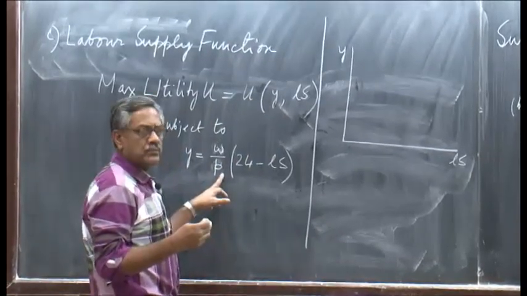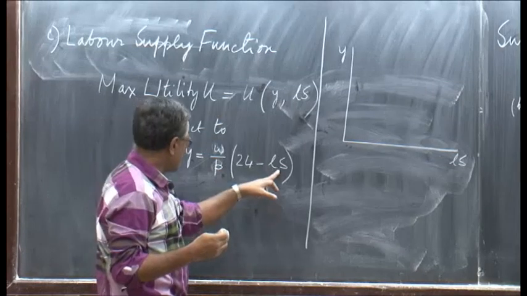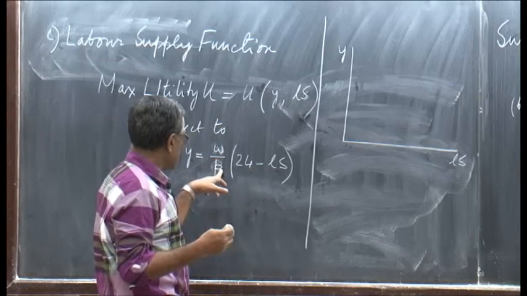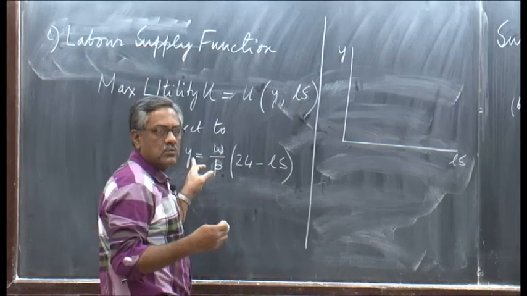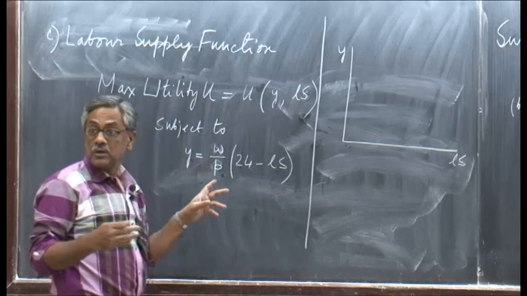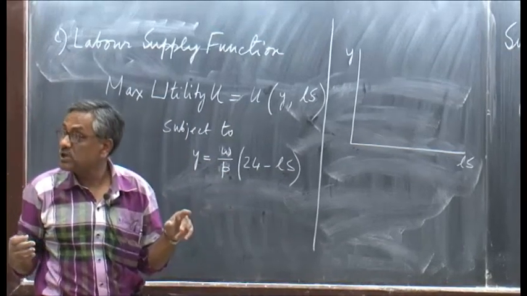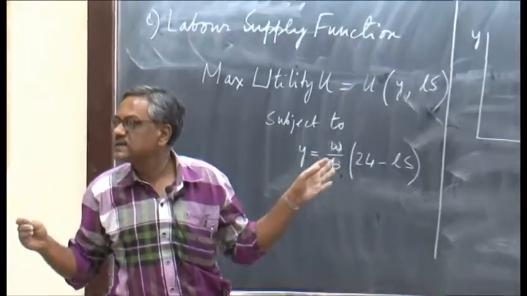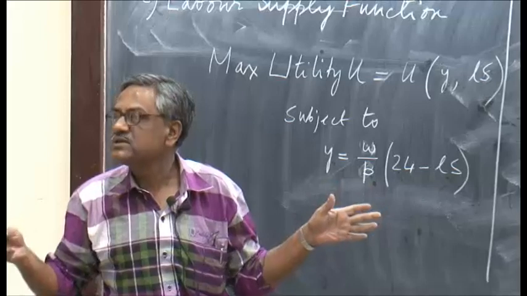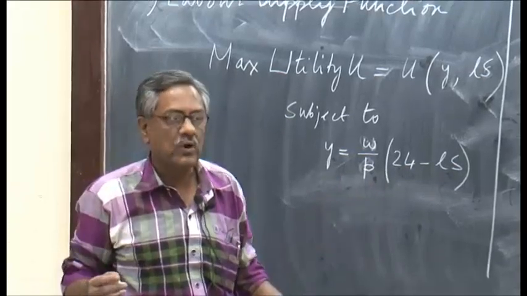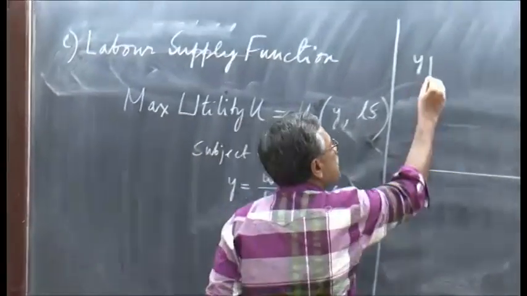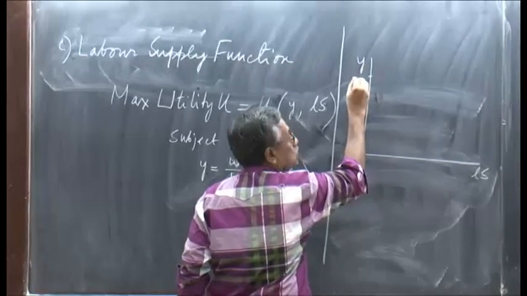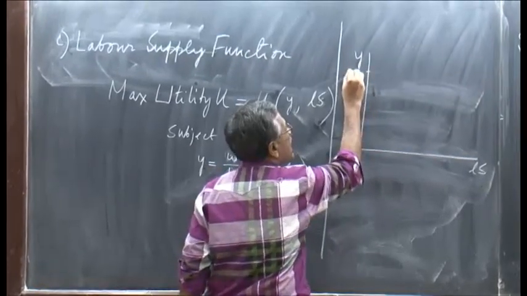When leisure is 0, it is 24 times W over P, which is Y max, the maximum Y. You're not sleeping, not having a bath, not eating, you're working 24 hours, which is not possible. Hypothetically, it is a possibility. In reality, it is not. Nobody works 24 hours. So there's a maximum point here, which is Y max.